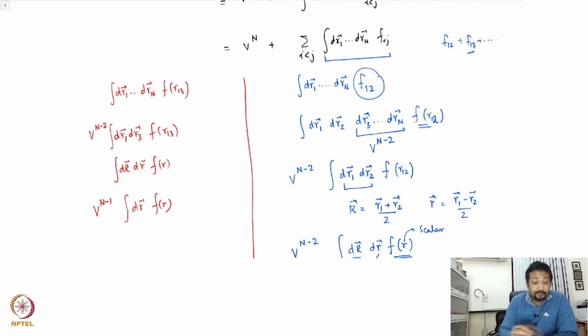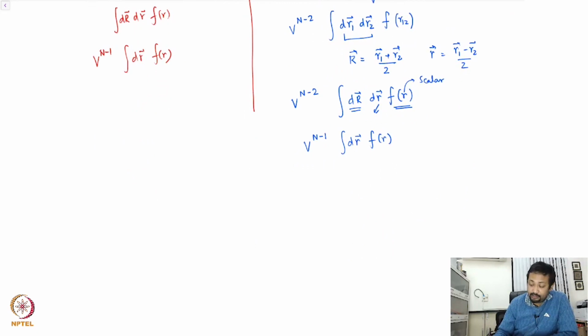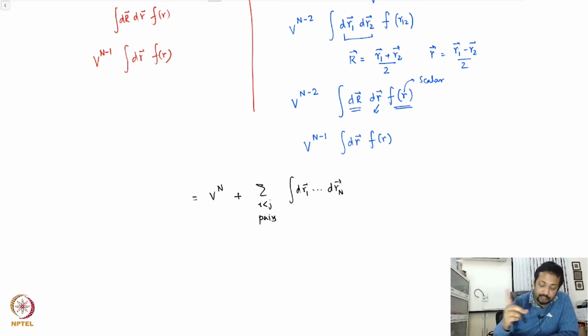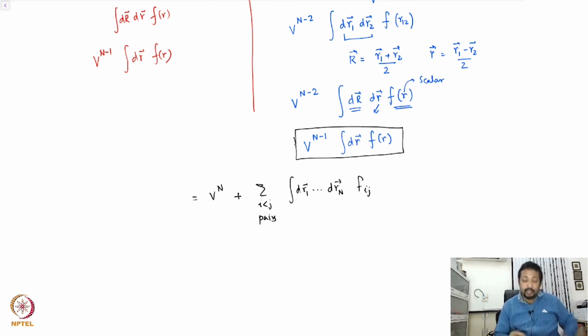So what does it mean? It essentially means that if I look at the structure, which was V to the power n plus the sum over pairs i less than j of the integral dr1 through drn, 1 plus, sorry, not 1, the 1 has already been integrated over, I will have f of ij. This effectively means that I can just pick up one such integral, and how many possible pairs can I have?